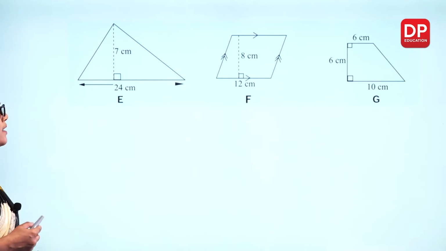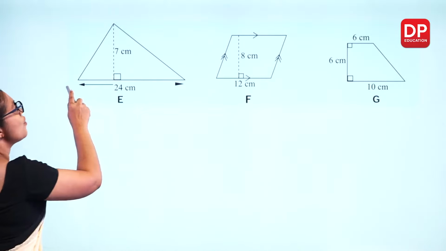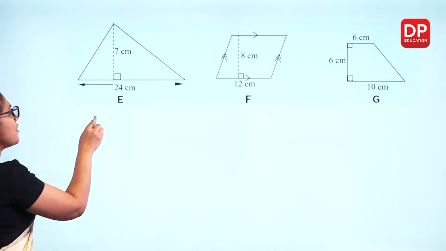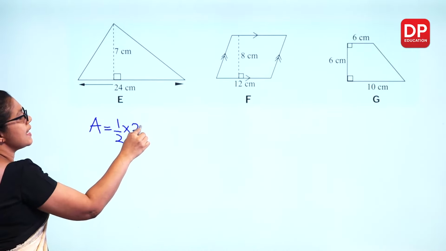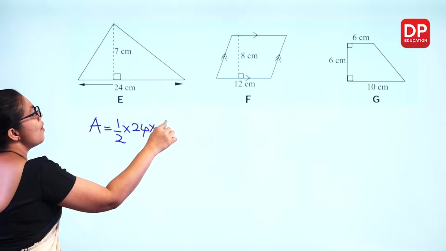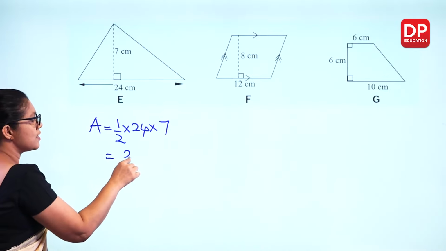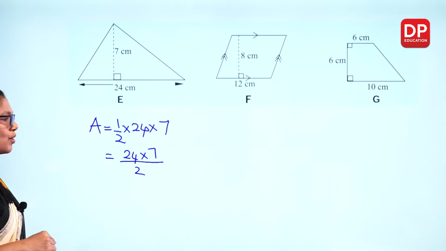So what is this one? This is an acute angle triangle. We know the base length and the perpendicular height. So straight away you can use the formula half times base length into perpendicular height. Now try to simplify this. 24 and 7 in the numerator and the denominator you get 2.